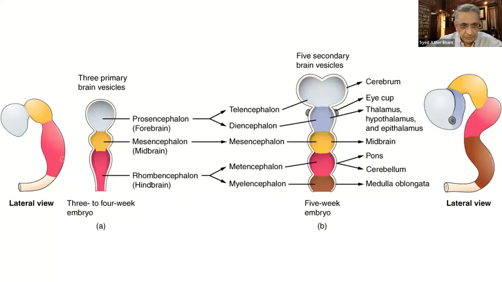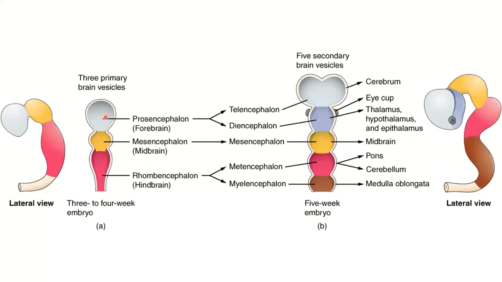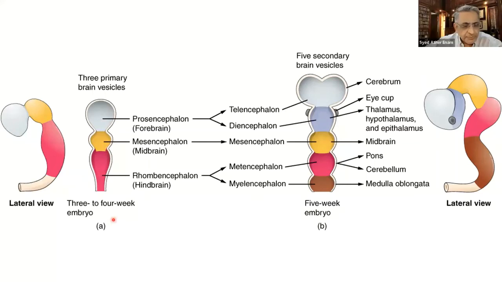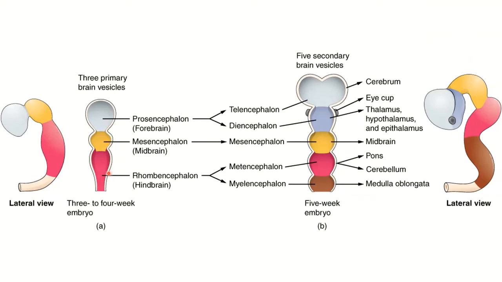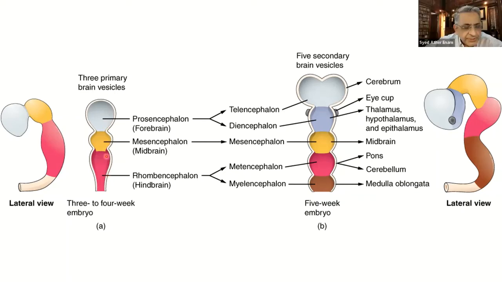So we all know about these vesicles as the neural tube is formed: the prosencephalon, the midbrain and the hindbrain. Of these three vesicles of the neural tube, the midbrain makes the smallest structure, and then the hindbrain creates the pons and the medulla, and the cerebellum arises from the rhombic lip of that.